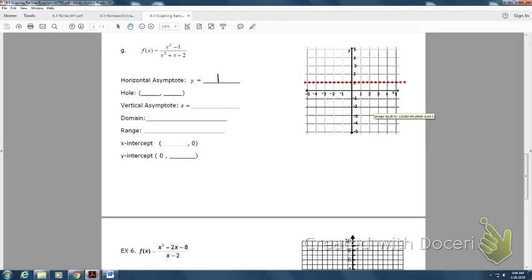Next, I want to factor. My numerator is going to be what whenever I factor that one? X minus 1, X plus 1. Awesome. And the denominator, whenever I factor that, is going to be X plus 2 and X minus 1.